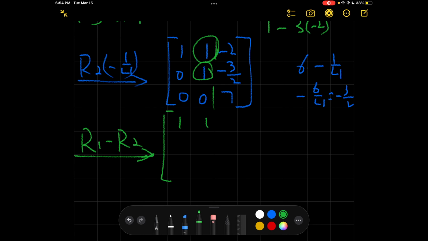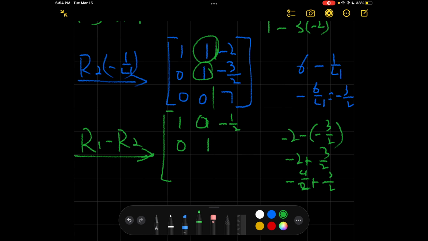Now we have 1, 0, negative 2 minus row 2 is negative 3 over 2, which is negative 2 plus 3/2, which is negative half. And now the second one just doesn't change. 0, 1, negative 3 over 2, and 0, 0, 7.